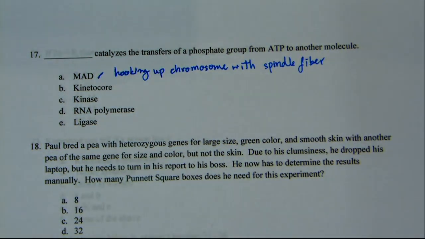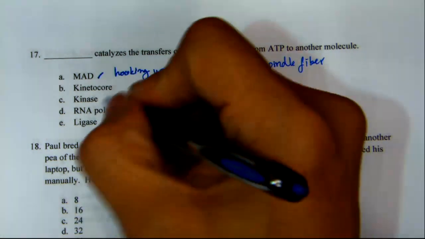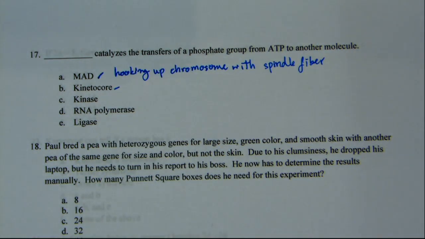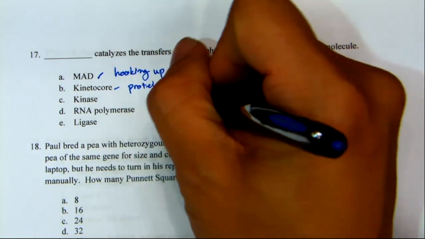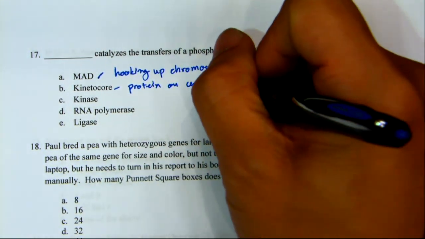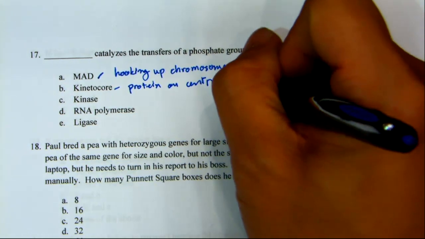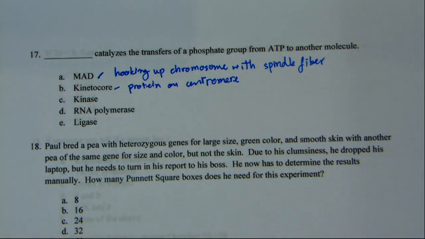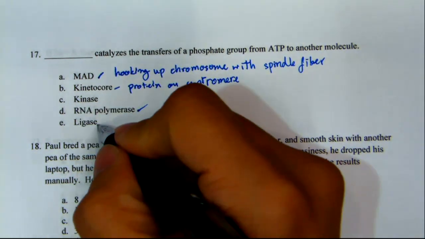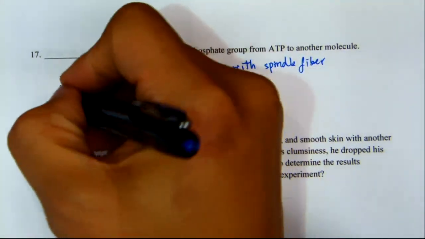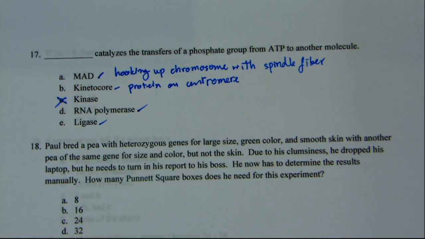So this one has nothing to do with ATP. Kinetochore. What is kinetochore? Okay, a protein on the centromere. Again, this is related to how the spindle fiber attaches to the centromere. So this is not correct. RNA polymerase is not related. Ligase is not related to this. So the answer is kinase. Okay.